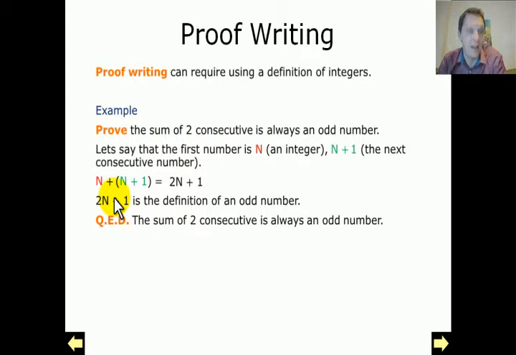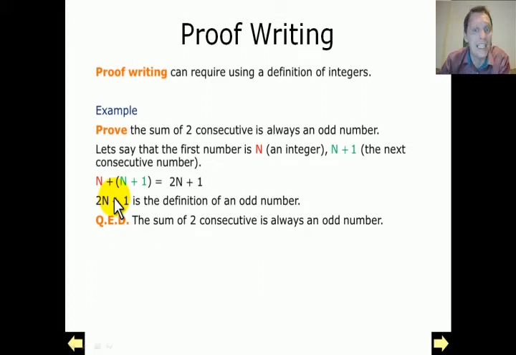Two consecutive numbers are one number and the number next to it. So I'm going to say that the first number is n, an integer, a whole number, n. The next consecutive number must be n plus 1, because whatever number we've got, if we add 1 to it, that is going to be the next number.